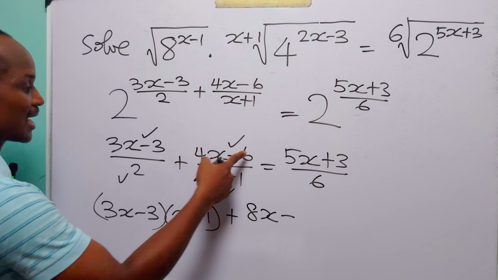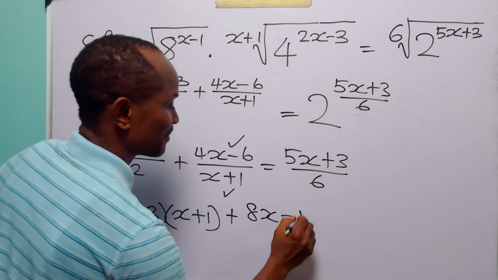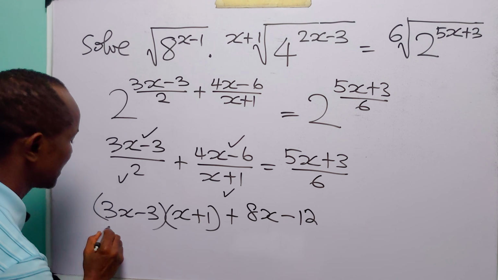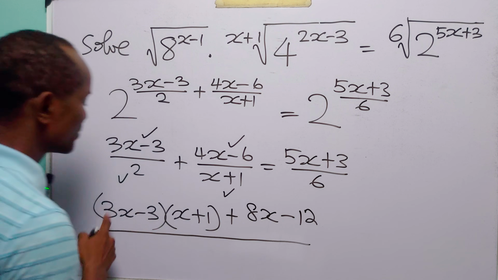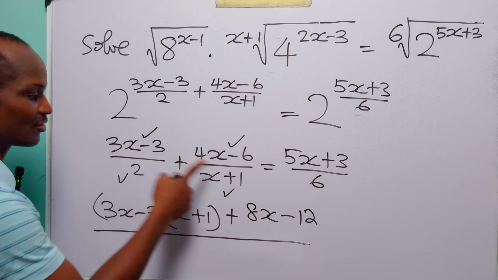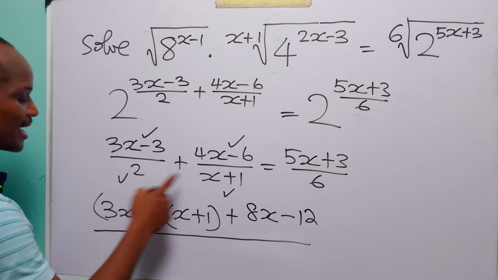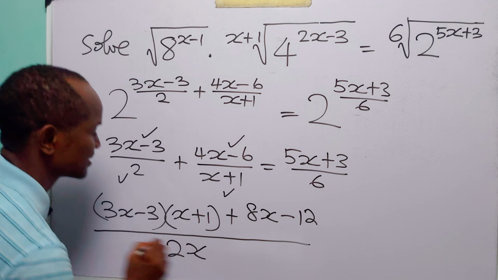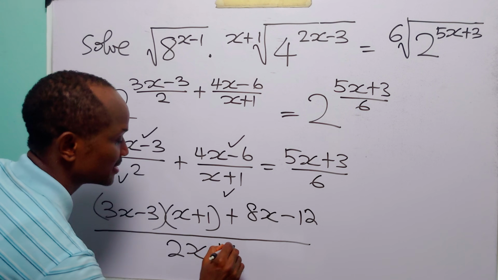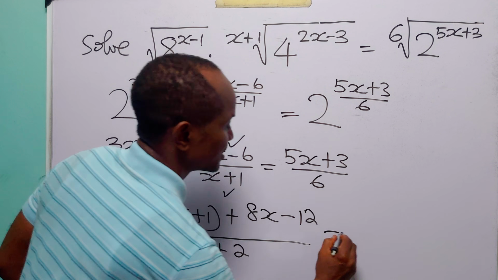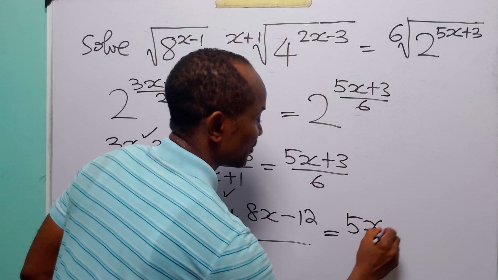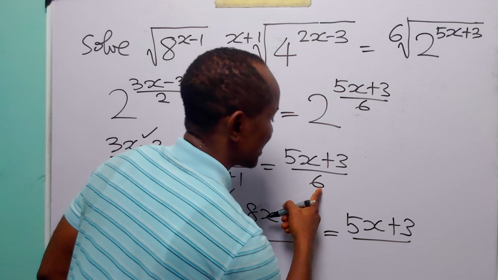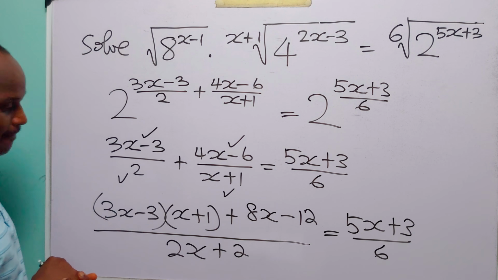And then 2 times minus 6 is minus 12. Then we multiply this denominator by this denominator. That is, 2 times x is 2x, and 2 times 1 is 2. And of course, this is equal to (5x plus 3) divided by 6.